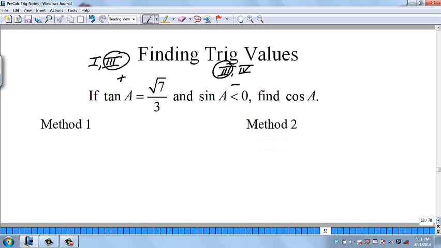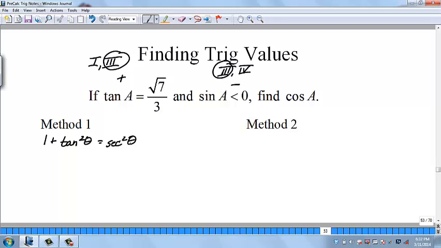Now there are two methods that you can use to find cosine. The first method is using an identity. Since they have tangent and they're looking for cosine, I can use the identity that we just found: 1 plus tangent squared theta equals secant squared theta. Now you're thinking, why are you using that?